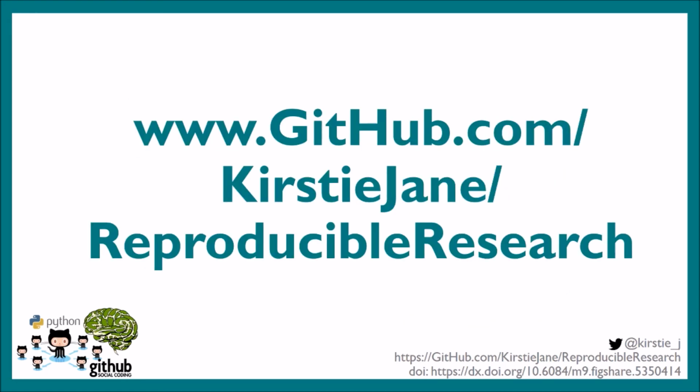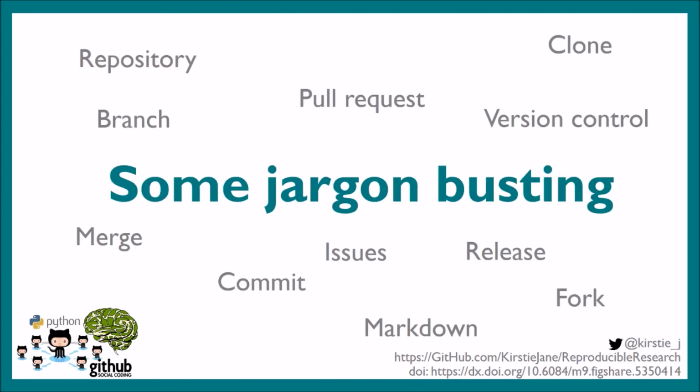And I've created for you, and for anyone else that's feeling unsure about how to use GitHub, this repository called Reproducible Research. This is not an exercise that's necessary for anyone that has used GitHub extensively before. And there's a whole bunch of jargon for GitHub: repository, cloning, forking, branches, pull requests, version control, issues, release, commit, merge, markdown.